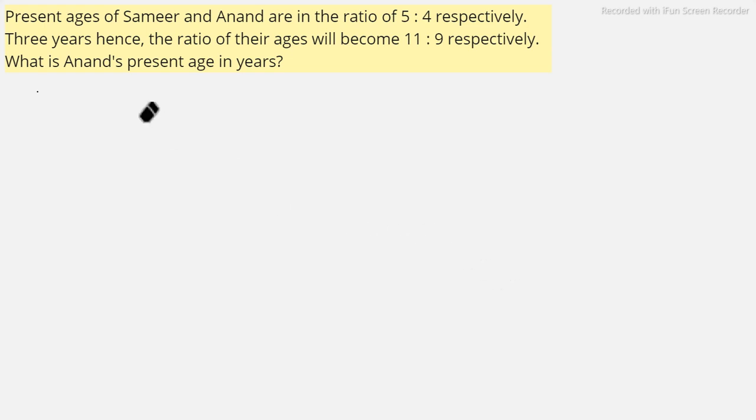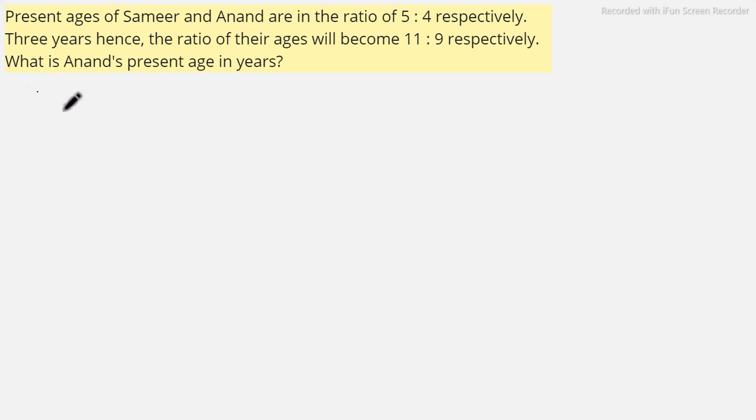So the next question is, present ages of Samir and Anand are in the ratio of 5:4 respectively. 3 years hence, the ratio of their ages will be 11:9 respectively. So what is Anand's present age in years?